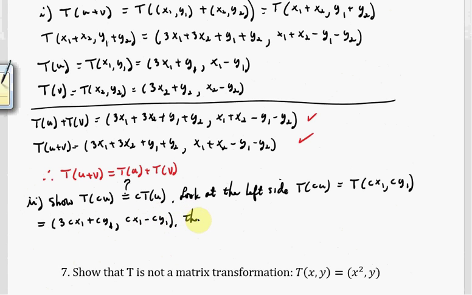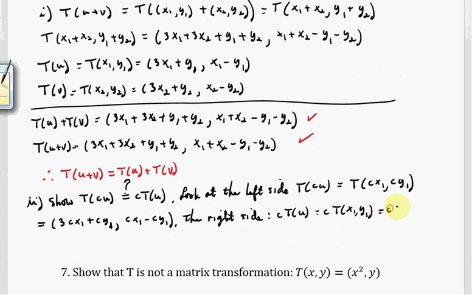So the right side is c times T of u. This is c times T of x sub 1 comma y sub 1.